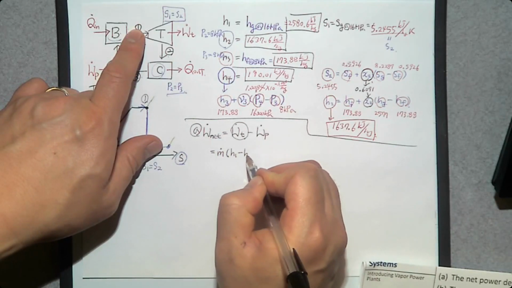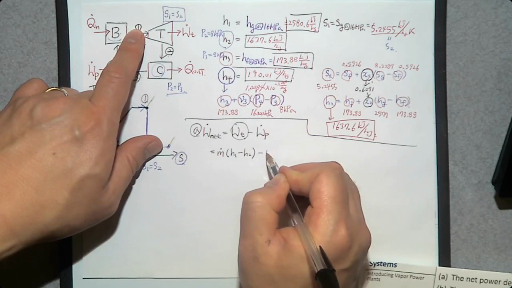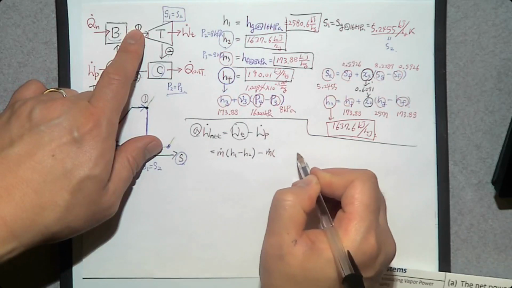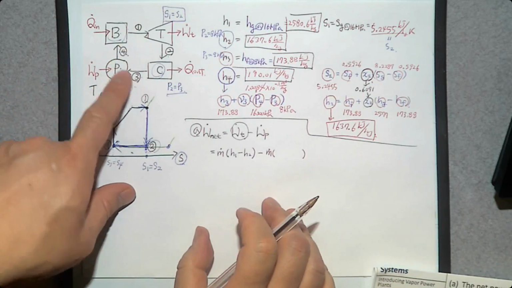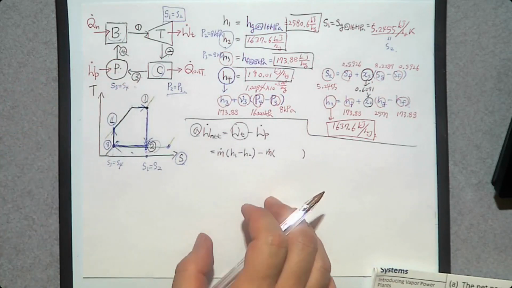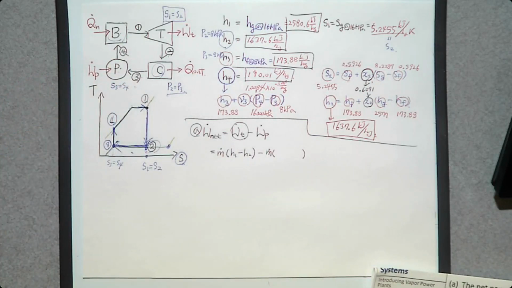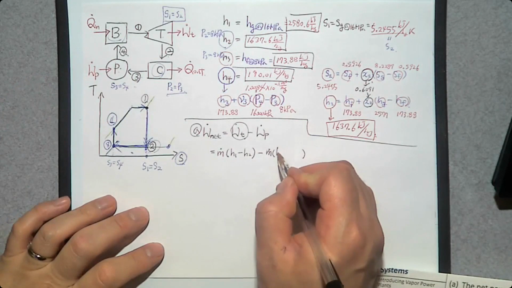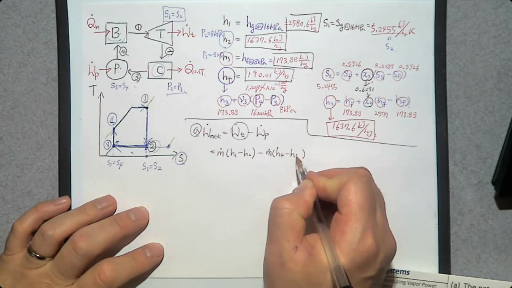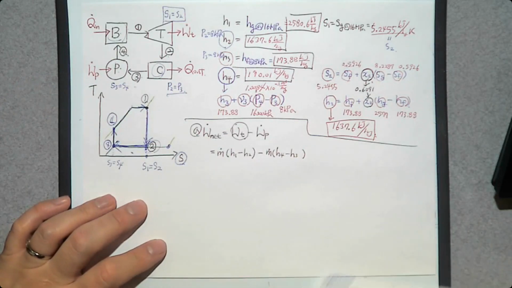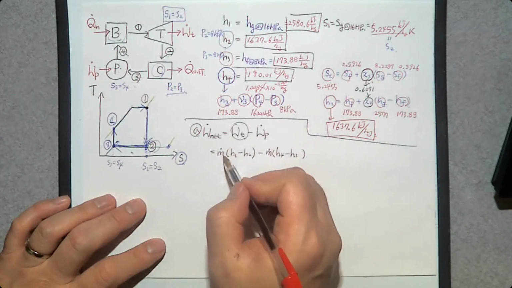H1 minus H2, minus the pump power, m dot. It is between 3 and 4. Which H is greater than the other? Of course, H4 is greater than H3 because there is power going in. So it's going to be H4 minus H3. So that's how you determine the net power. What is the mass flow rate?